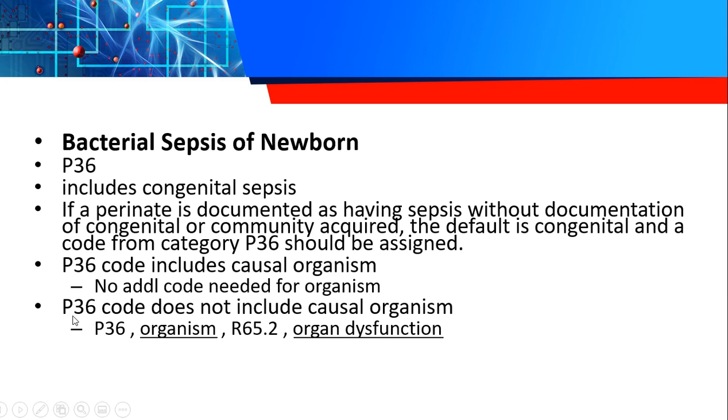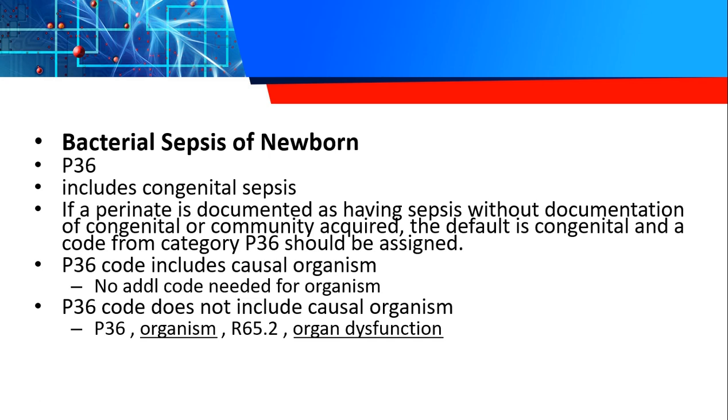But if there's already an organism being determined or being confirmed, you need to code also for the organism. And again, if there's a severe sepsis, remember, you need to add your R65.2. And since there's also a severe sepsis, it should always be followed by an organ dysfunction or your organ failure.